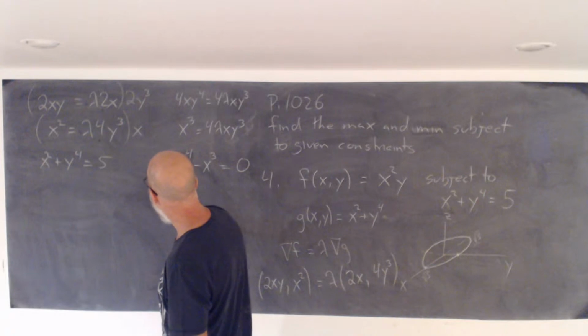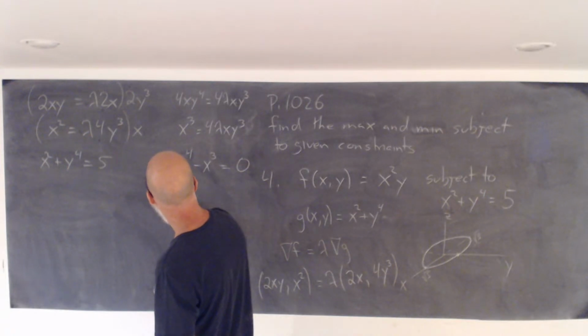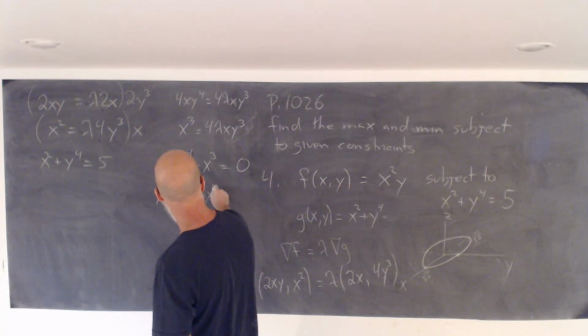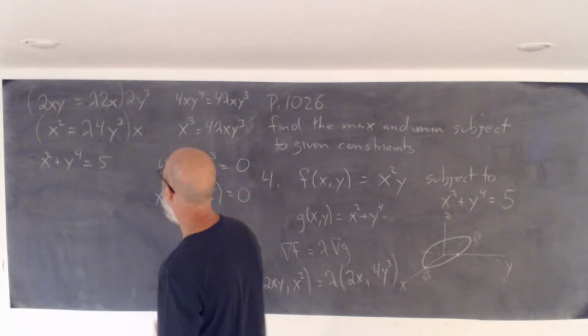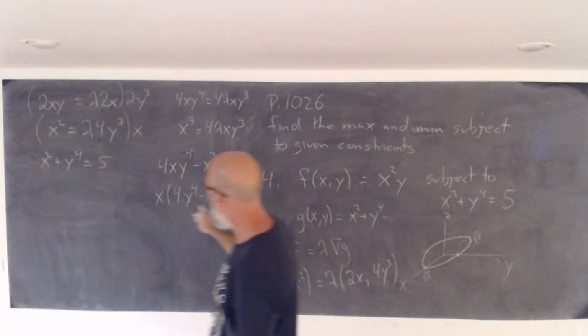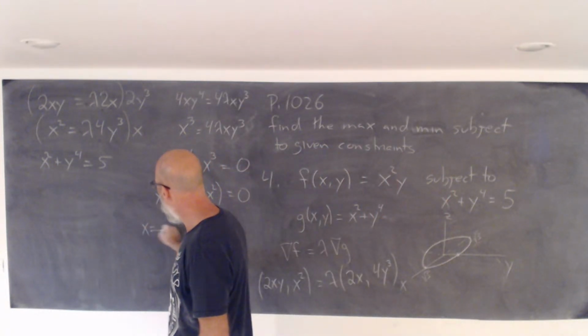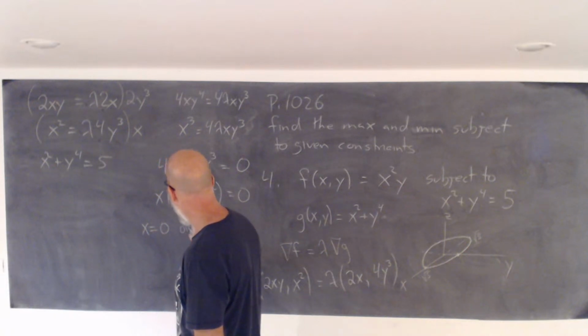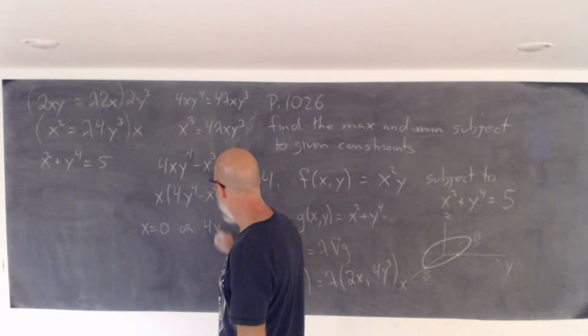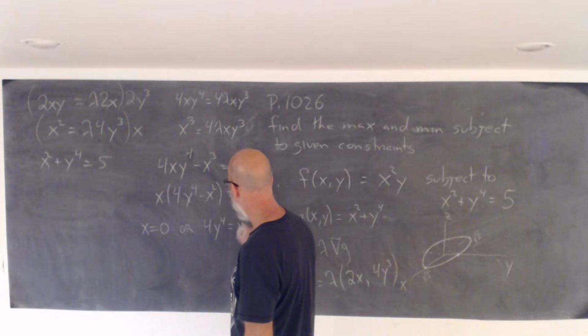So here, if we factor out an x, we get x times 4y to the 4 minus x squared is equal to 0. So either x is equal to 0 or 4y to the 4 is equal to x squared.